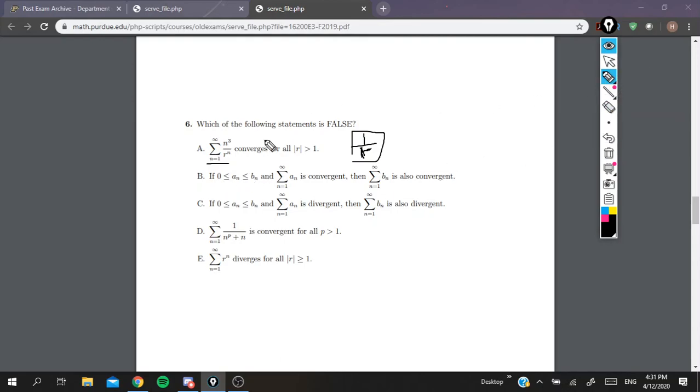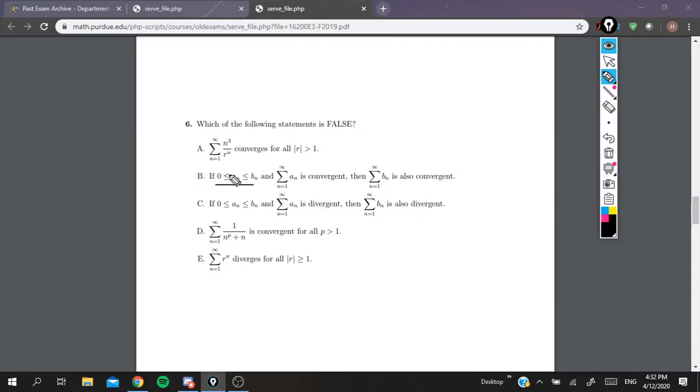But if you don't know how to do that, that is completely fine, because when you look at b, it's basically a comparison test, and it's saying that you have a series A and series B, and that if series A is convergent, then B is convergent. But when we see the comparison here, A is actually less than B, and that's not how comparison tests work.